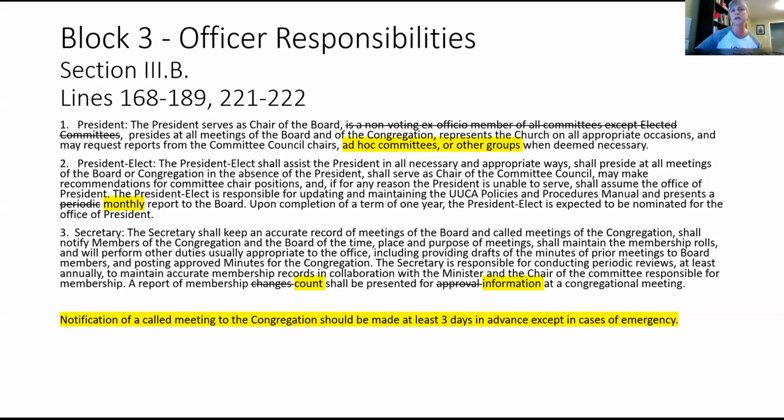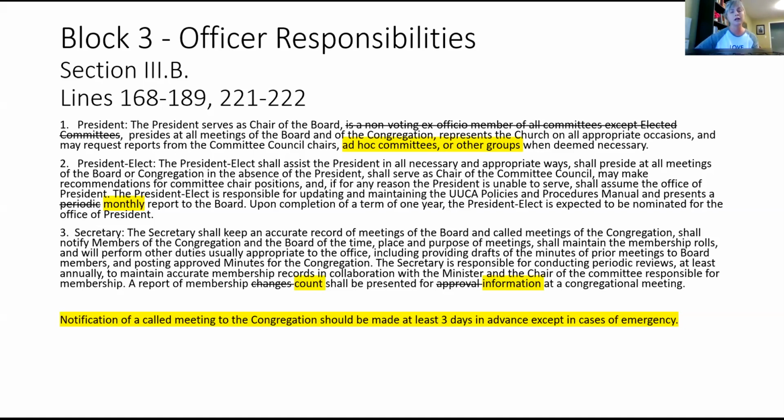With regard to the called meeting, that's a called meeting of the board, and I'm sorry that was not clear. This is not a called meeting of the congregation. So if the board felt like there was an emergency that they needed to come together, any meeting of the congregation would still have those 7 or 14 days, I believe. This is if the board felt there was a need to come together quickly to make some decisions, much in response to the pandemic situation that we're in right now.